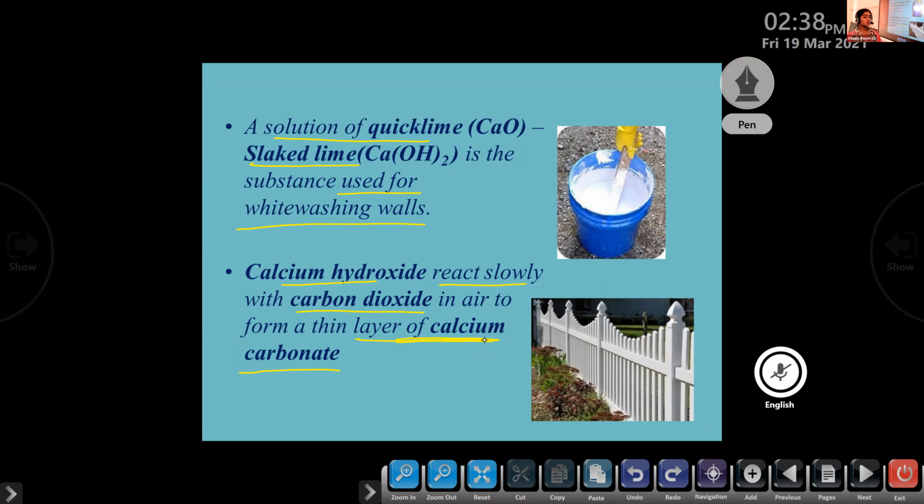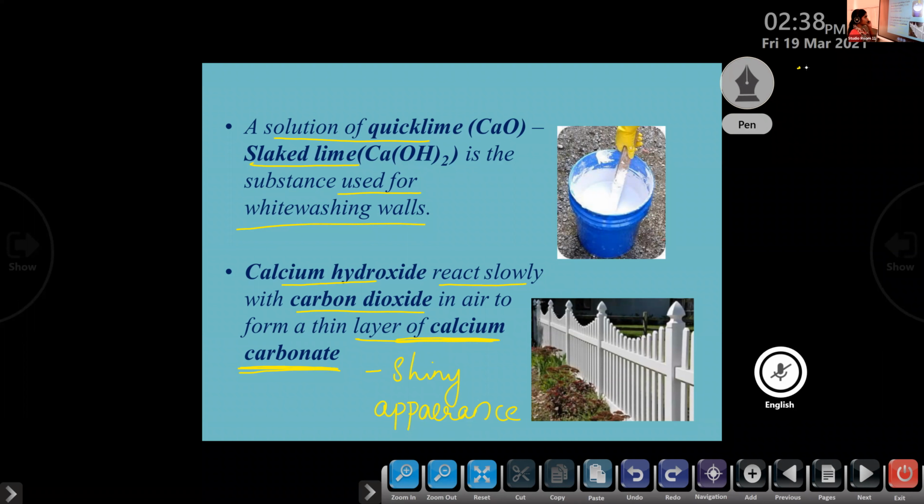It takes 2 to 3 days for this calcium hydroxide to react with carbon dioxide to form calcium carbonate. And due to the formation of calcium carbonate, we get this shiny appearance on the walls. Clear?